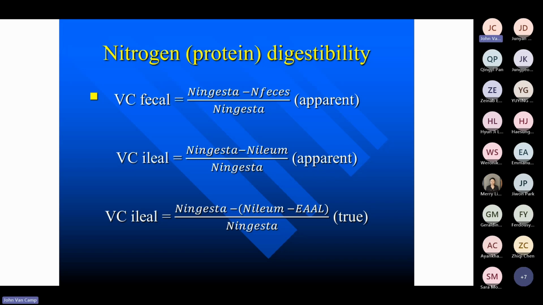And then you get a true digestibility, so a true ileal nitrogen digestibility, or a true fecal nitrogen digestibility coefficient. So I hope it is sufficiently clear. It's not too difficult, but there are several definitions here coming together.